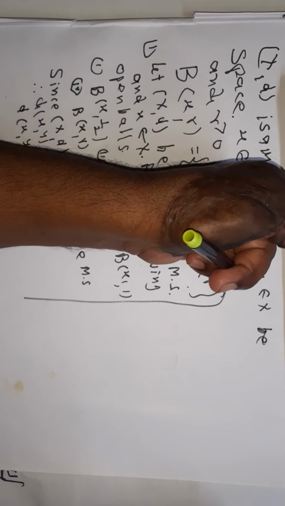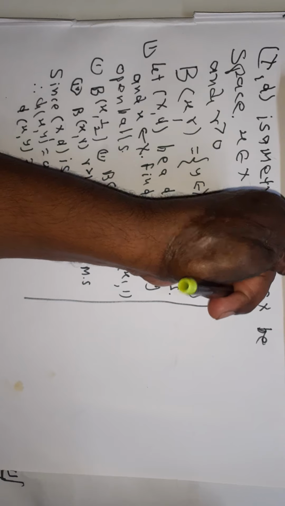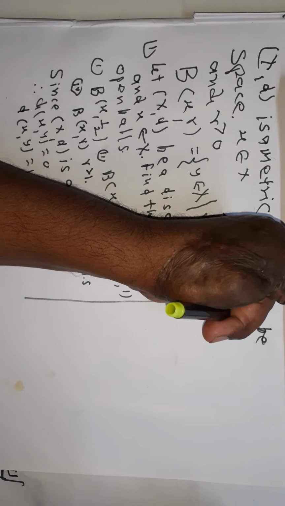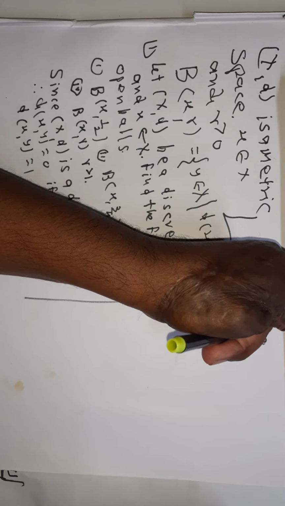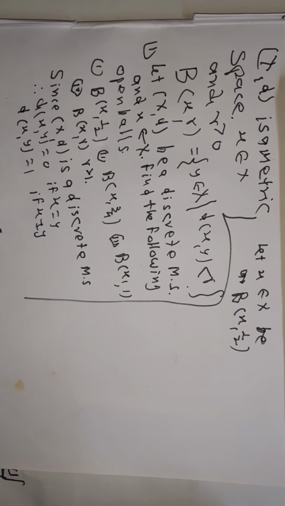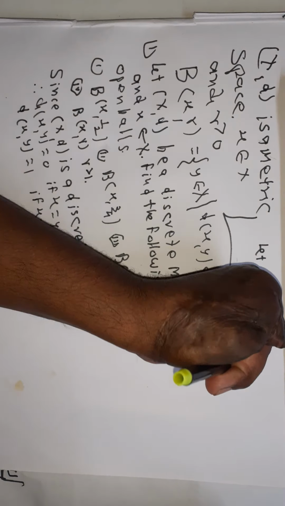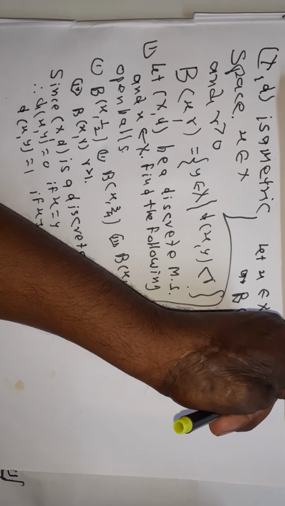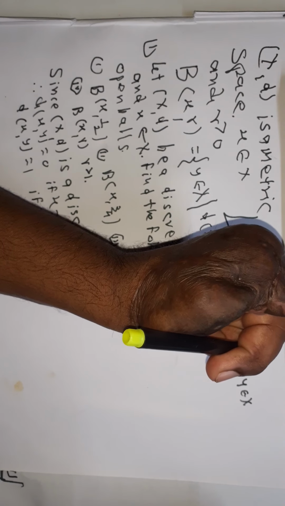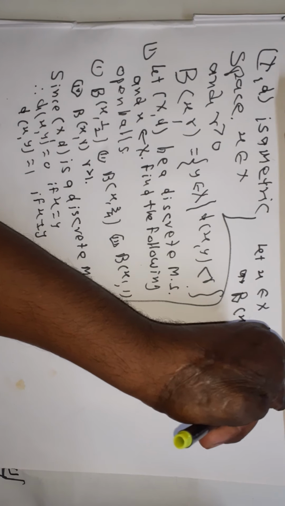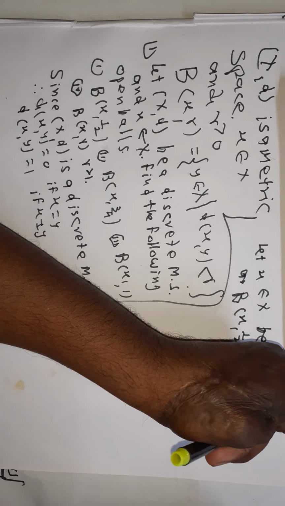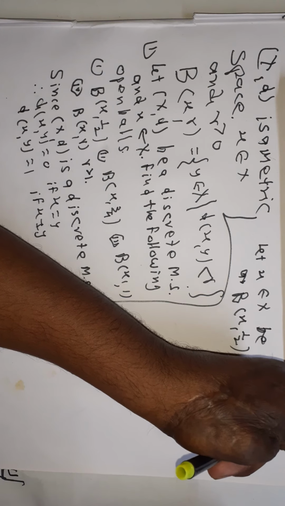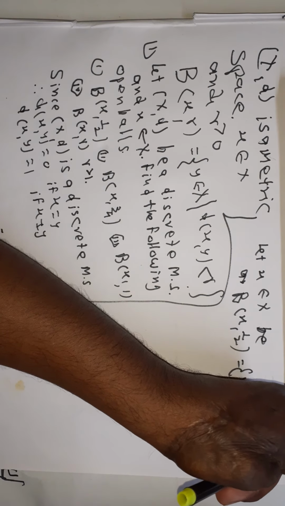Now the ball centered at x and radius half is the set of elements y belong to X such that the distance between x and y is less than half.